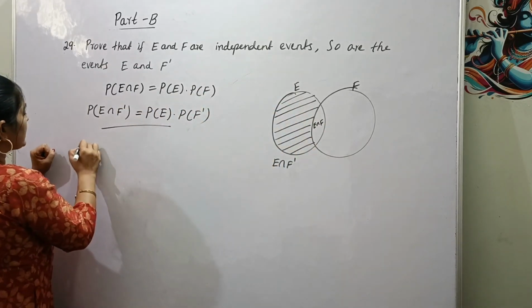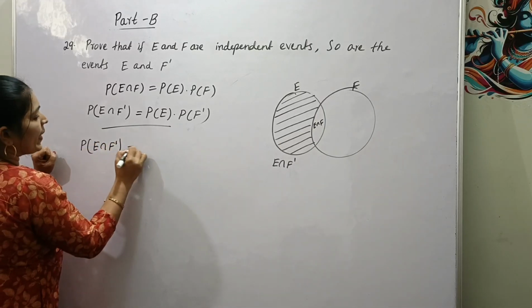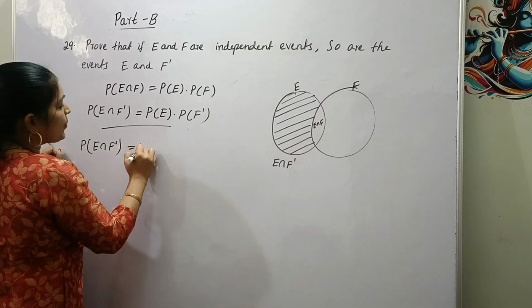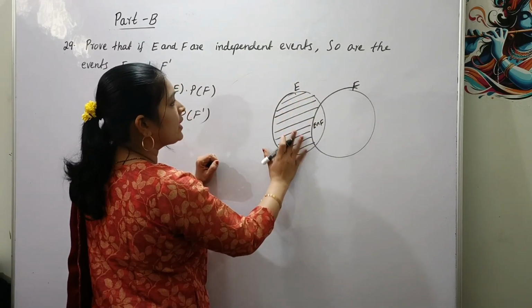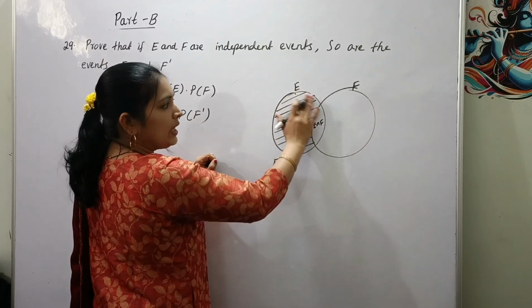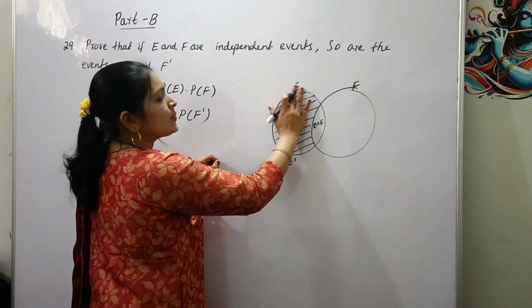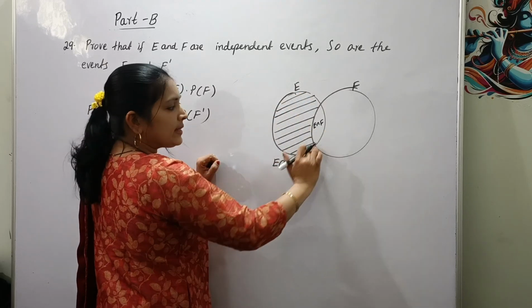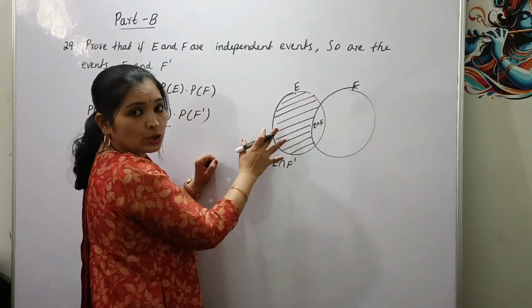So we can write probability of E intersection F complement as follows: this portion is nothing but probability of E minus E intersection F. This is total E minus E intersection F, so that we will get this portion, right?